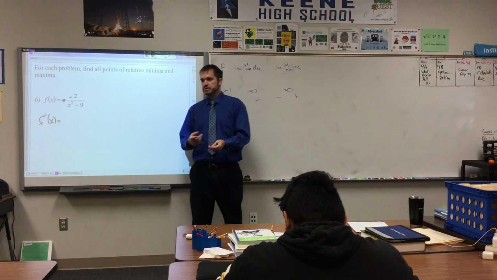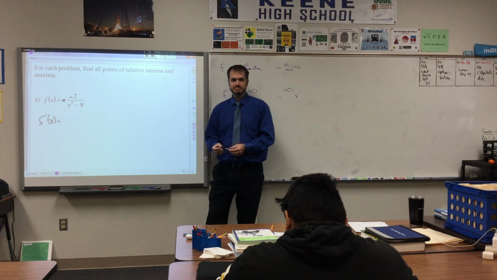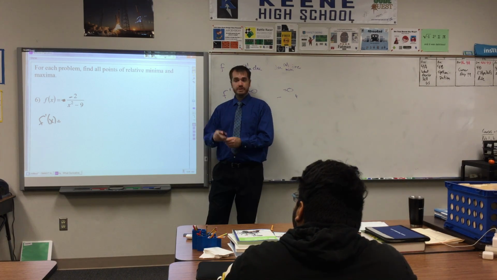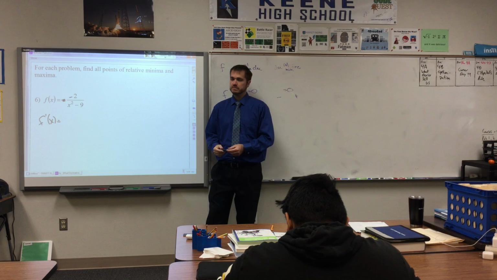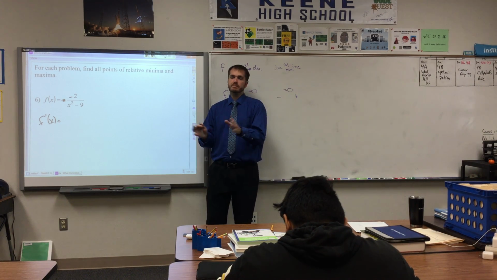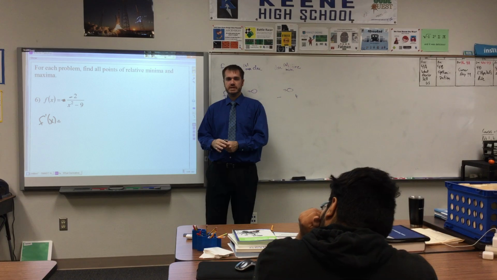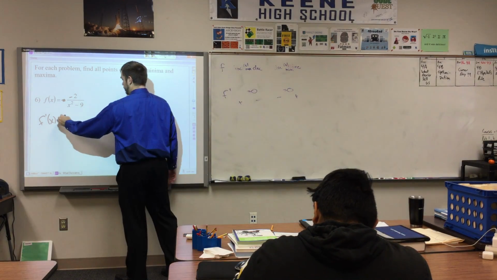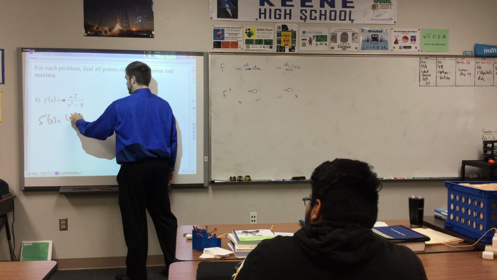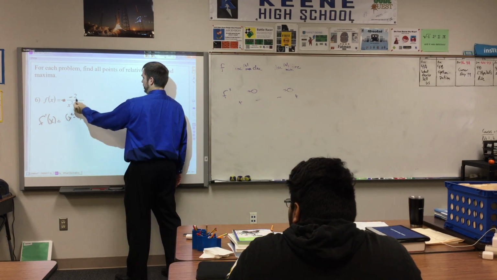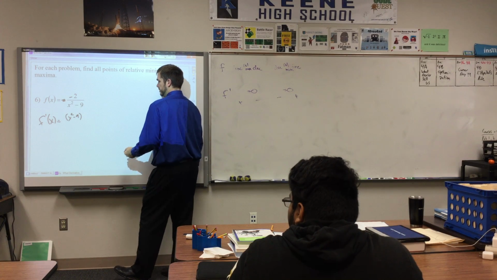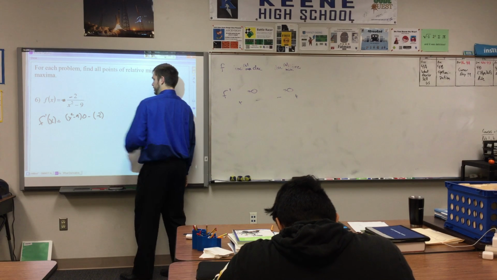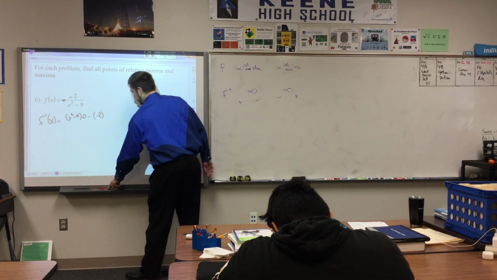Anybody remember the quotient rule phrase? Low D high, but high D low. Almost. I'm going to say it right, because you hear all this wrong. Low D high minus high D low over low squared. We got here low, that's x squared minus 9. D high, what's the derivative of negative 2? 0. Minus high, so negative 2.